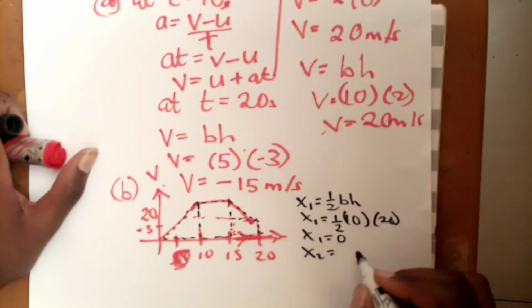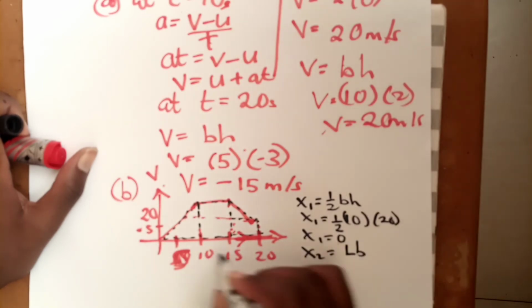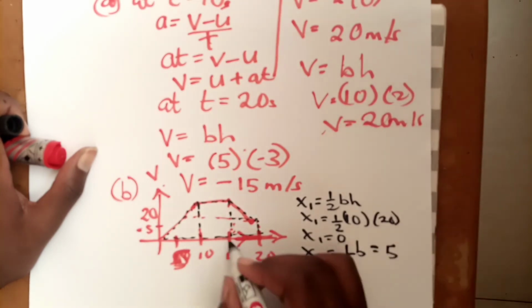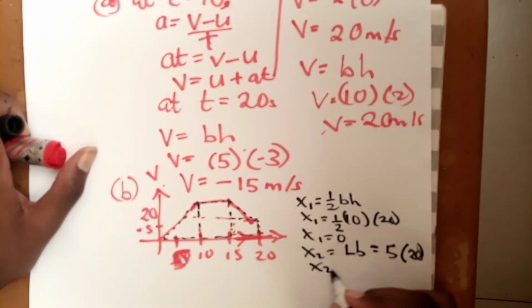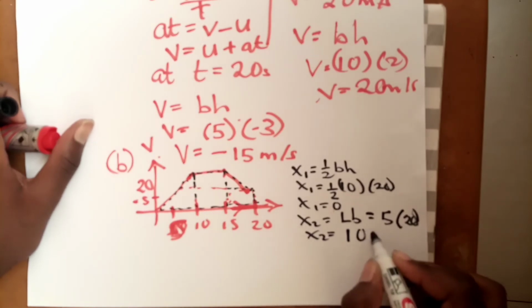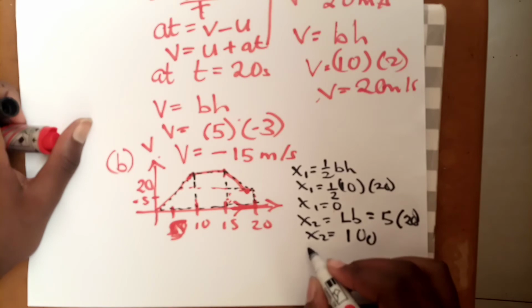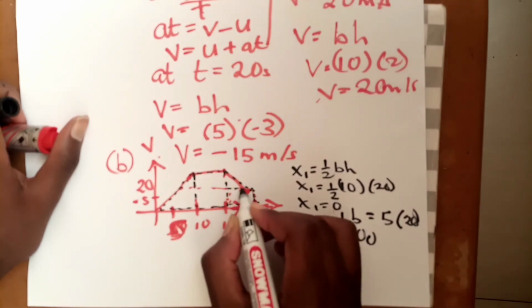X2 is equal to this one, that will be length times breadth. Here we've got our 5, then the height is 20. X2 is equal to 100 again. Anyway, x3 is going to be equal to the triangle that's there.